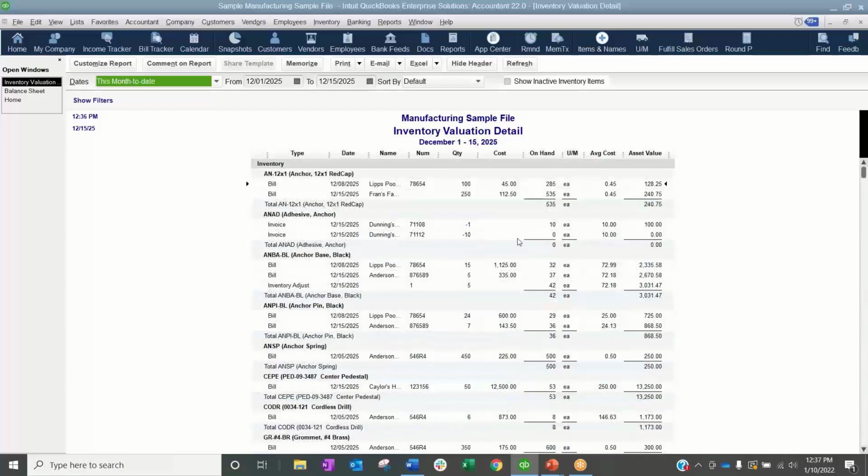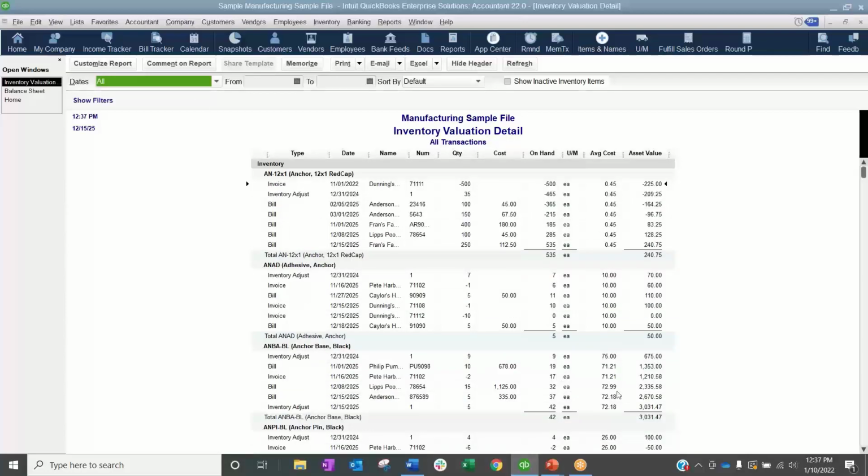But what is this report showing us? It's showing us the transactions that are affecting our quantities, affecting our on hand, which we'll talk about more in a minute here, but also what the average cost is, right? And so that's super important for us to be paying attention to over time.